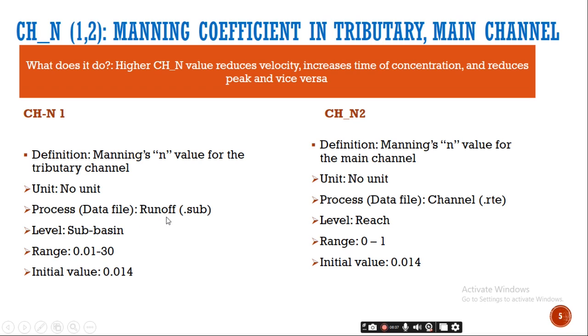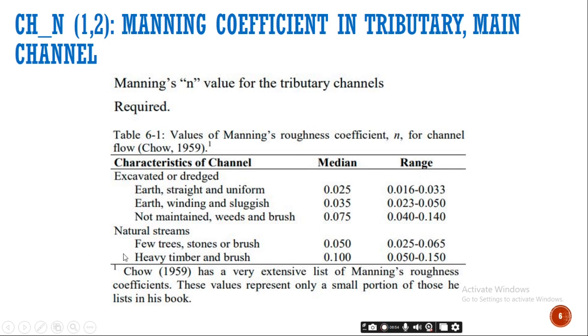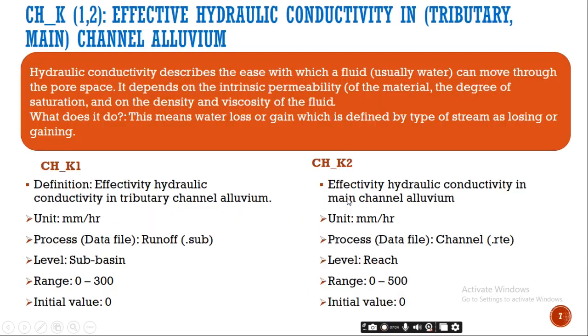CHN1 processes the data in runoff, and CHN2 processes the data in the channel. CHN1's recommended range is 0.01 to 30, and CHN2's recommended range is 0 to 1. Its initial value is 0.014. You can see here I have put some examples of what the Manning coefficient will be for different land characteristics.